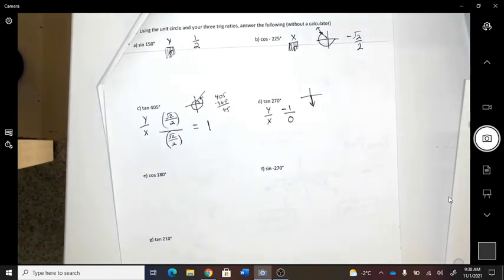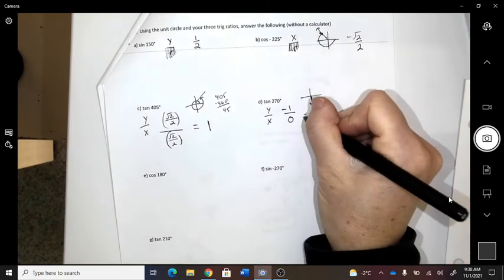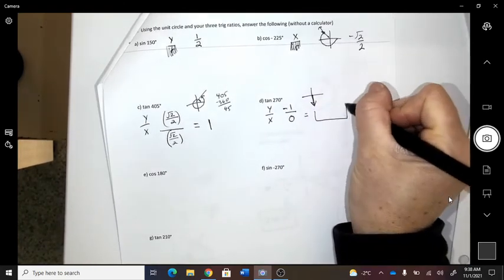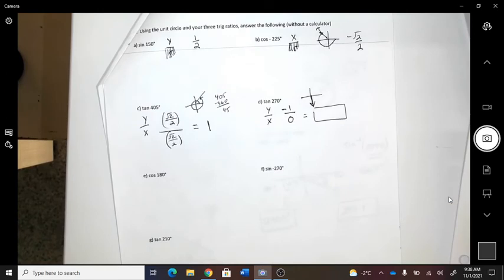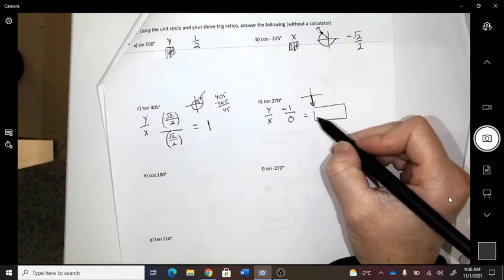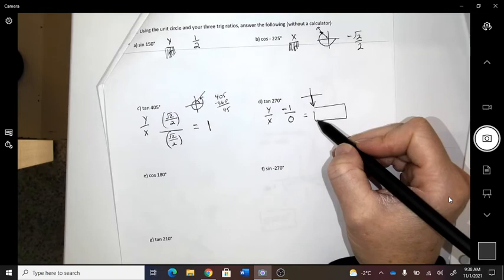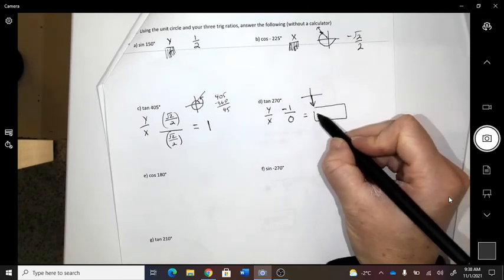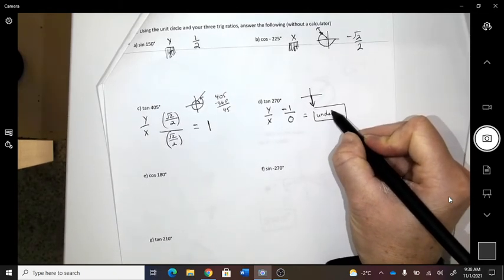Negative 1 divided by 0. What is that? We talked about this one. How do you divide by 0 in math? You can't. So I'm going to write undefined.